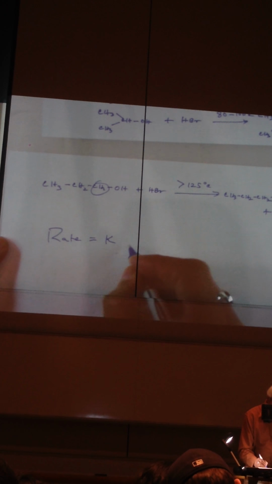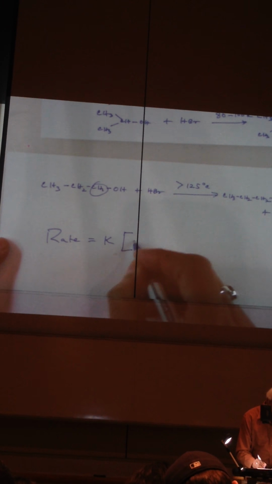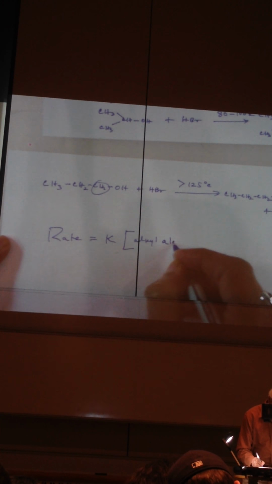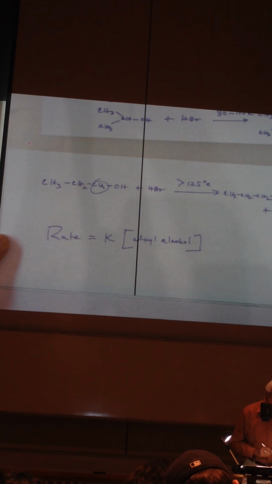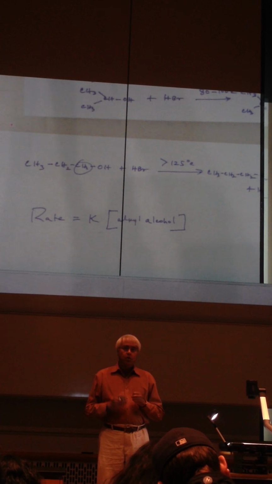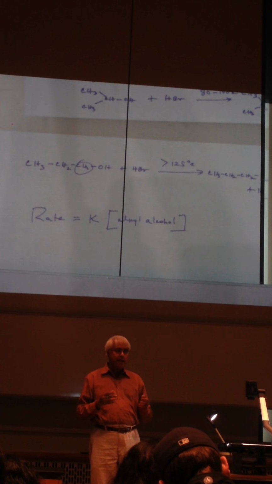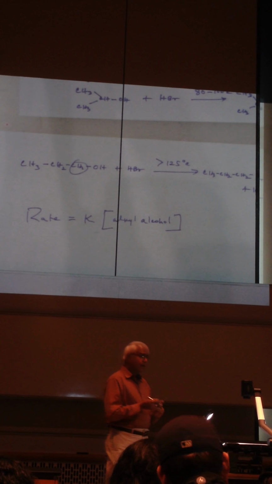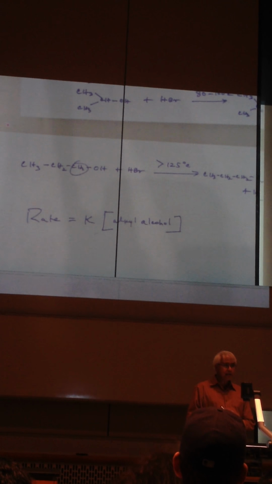The rate of these reactions typically involves the concentration of the alkyl alcohol, but the rate expression does not include the concentration of the acid, which means that the acid is not really taking part in the critical step of this reaction. And from that, we can postulate how this reaction goes.